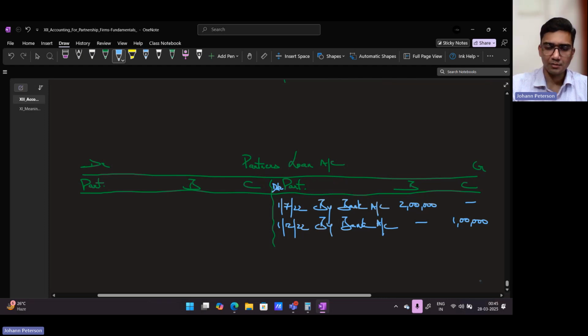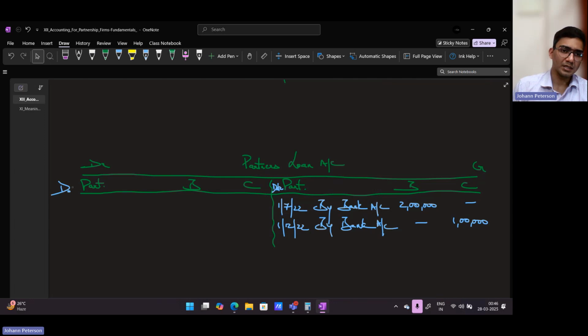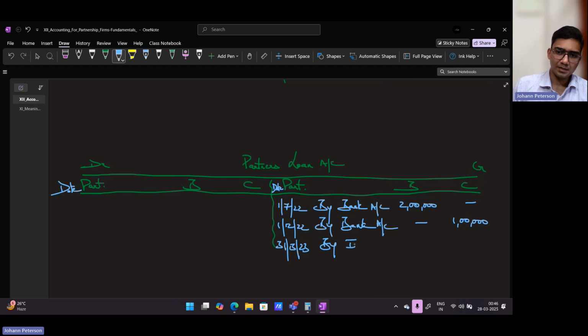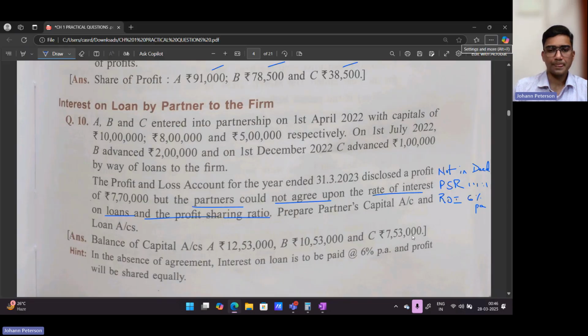All right. Now, interest will be given, so that will increase our liability. Here also I'm writing date. Now, interest will be given at the end of the year. So we will put 31st of March 23 by interest on loan, whoever's loan it is.